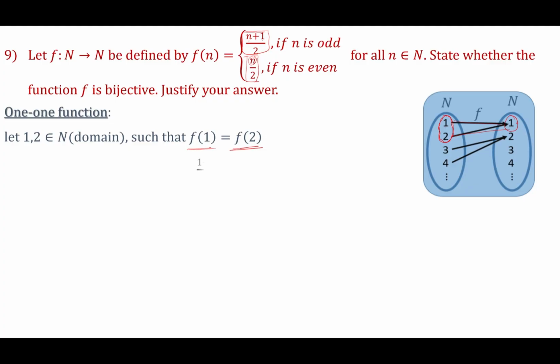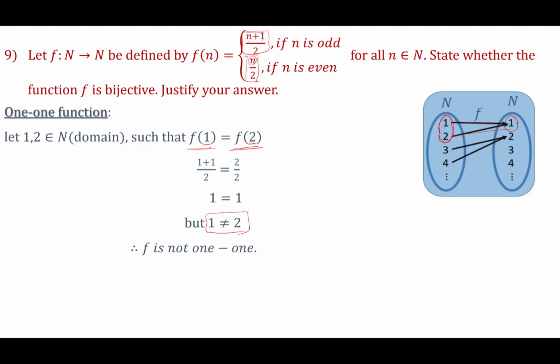So if I plug in n as 1 here, I get 1 plus 1 over 2, which is 2 over 2, which means 1. And if I plug in n as 2, which is even, 2 over 2 will be 1. So here f of 1 is equal to f of 2, but 1 is not equal to 2. If x is not equal to y, that means the given function is not 1-1.